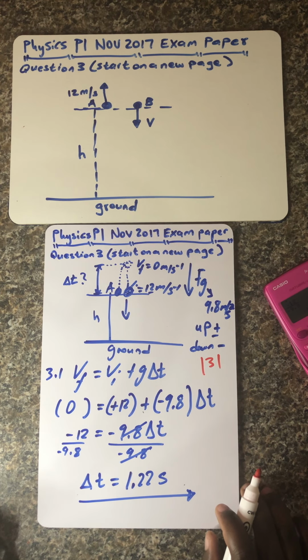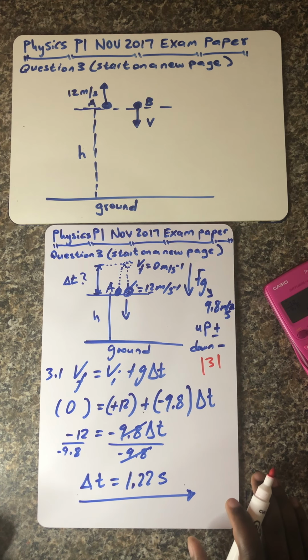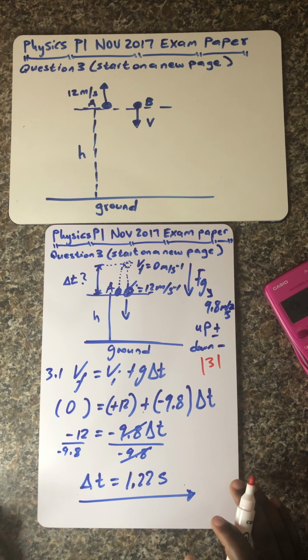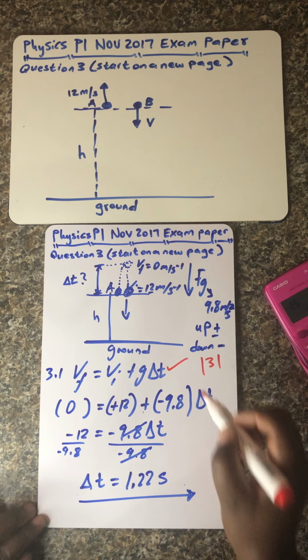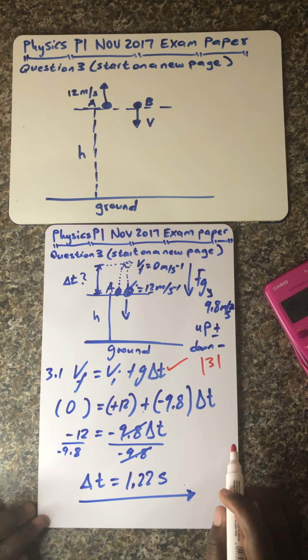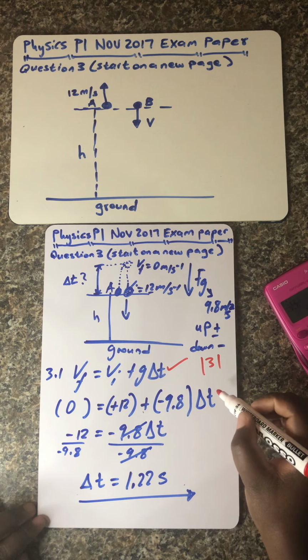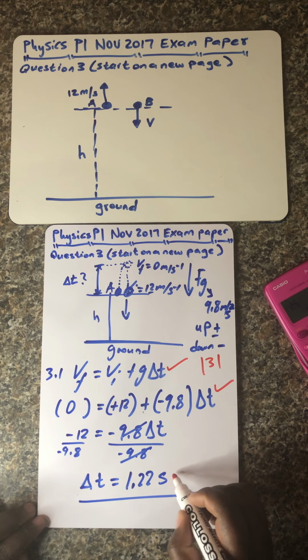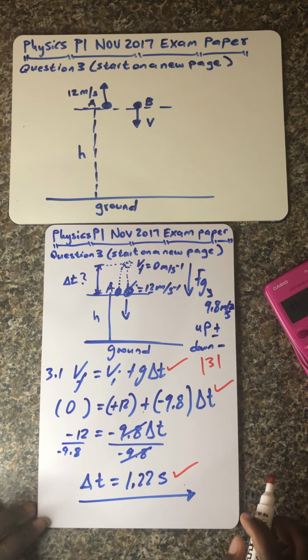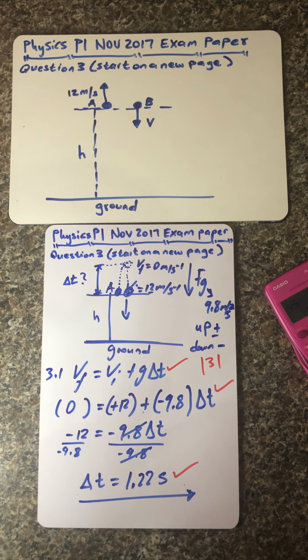So this is not the only way in which you should solve this particular problem. There are multiple ways. I only show you the simplest ways so that we don't lose each other. So we give you a mark for choosing the correct formula, a mark for correct substitution, and a mark for correct answer.